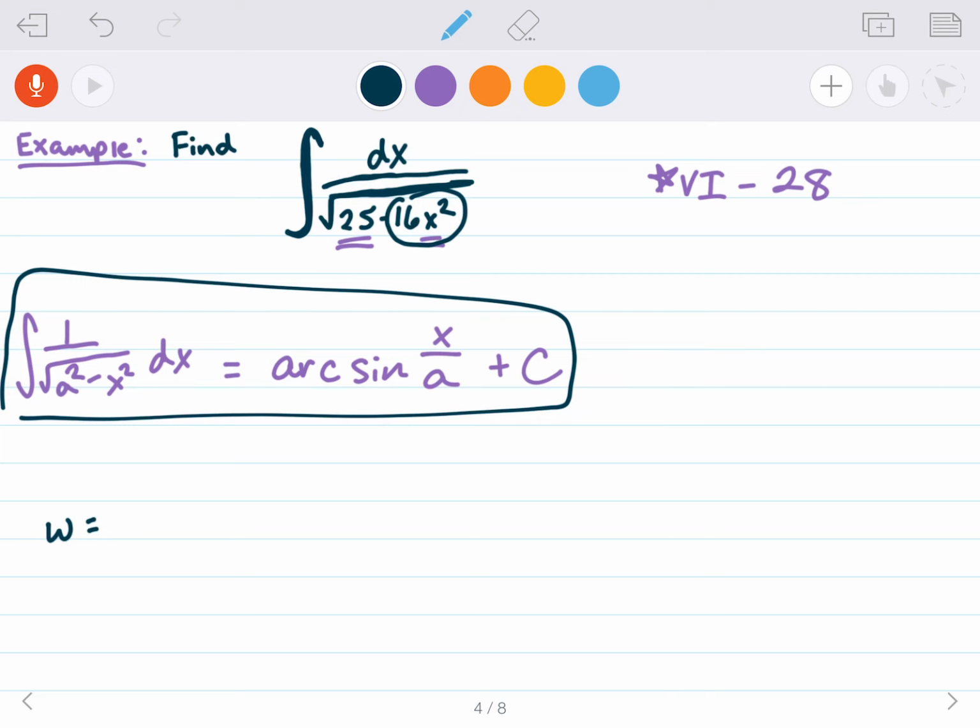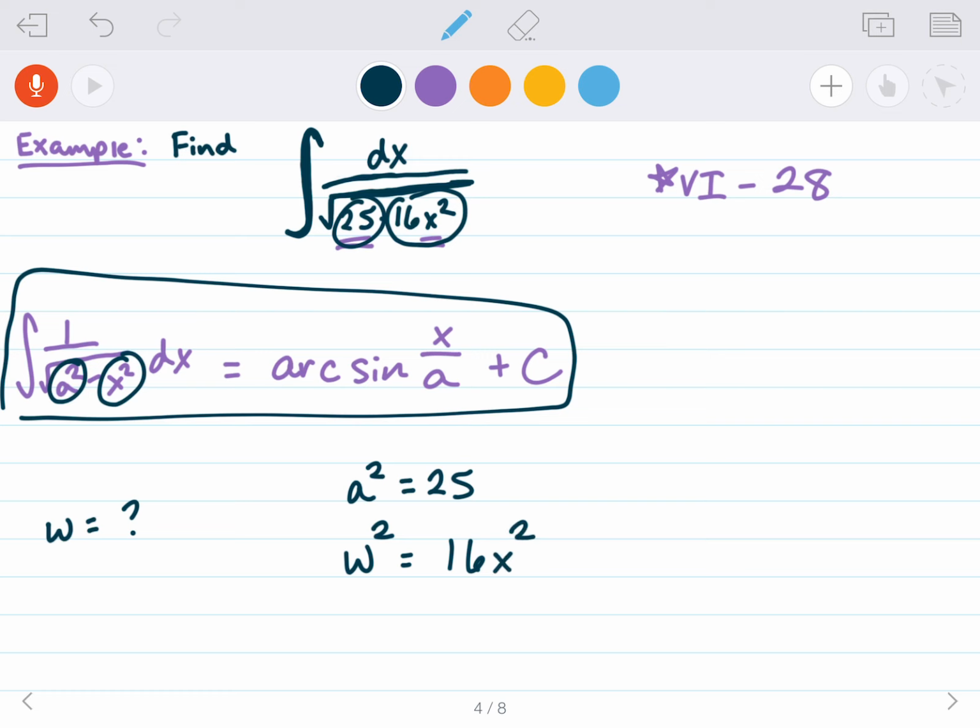So let w equal what? What we want is, we know that a squared, this first piece, has to equal 25. A squared equals 25. And x squared, or w squared in this case, has to equal 16x squared.